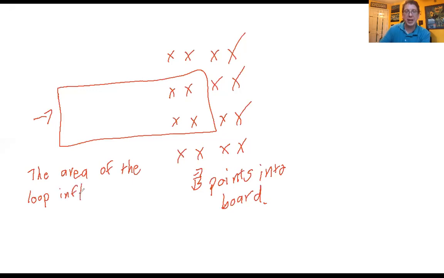The magnetic field itself is uniform. But as you're moving to the right, the area of the loop influenced by the magnetic field is increasing. So the magnetic flux is increasing.